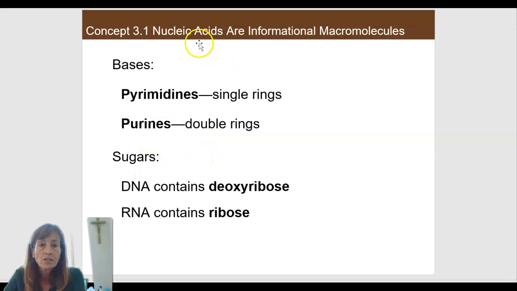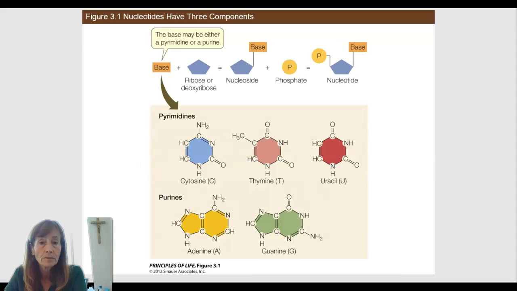The sugars are either going to be, for DNA, deoxyribose, the deoxy meaning without some oxygen, and RNA has ribose. Let's take a look at those. So again, a base plus the ribose sugar of some kind is going to be a nucleoside. Add the phosphate. Now we have this monomer unit, the nucleotide.